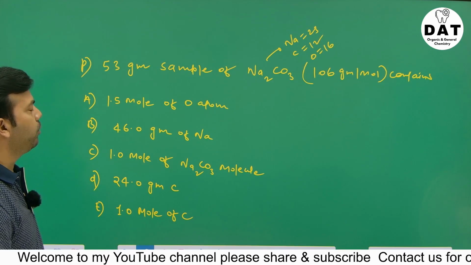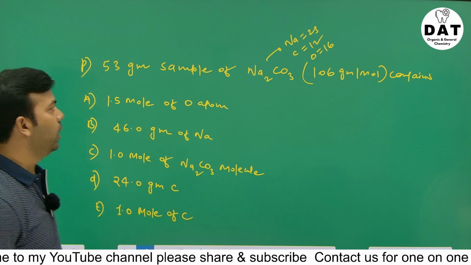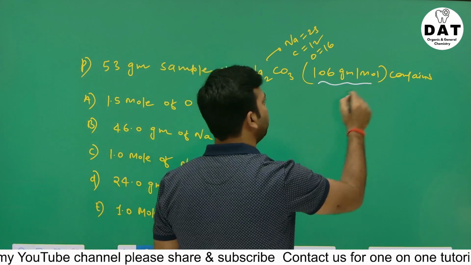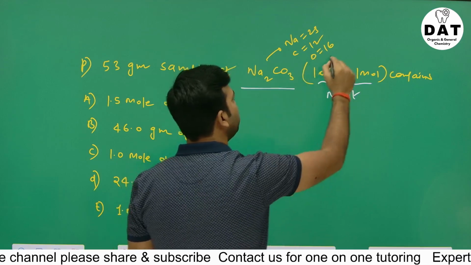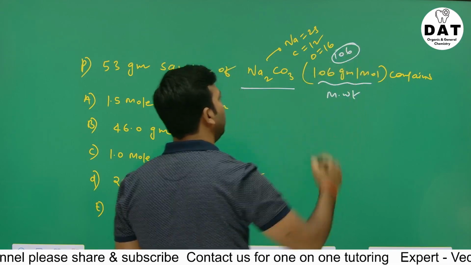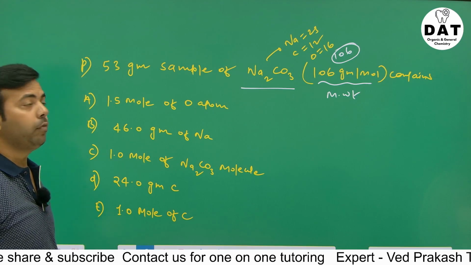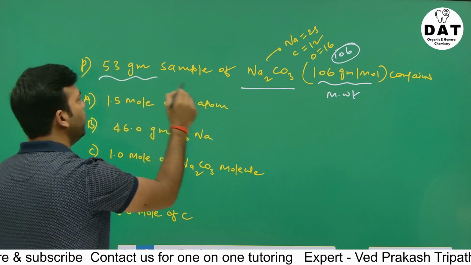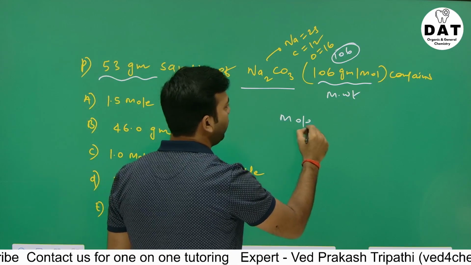53 gram sample of Na2CO3 and its atomic weight is given, and this is the molecular weight as well, which overall, once you solve this, will be 106. Clear? So let's find out first the mole of Na2CO3, because weight is given and molecular weight is also given.